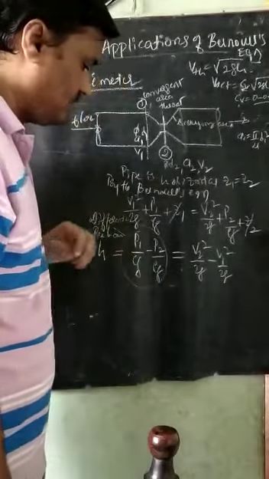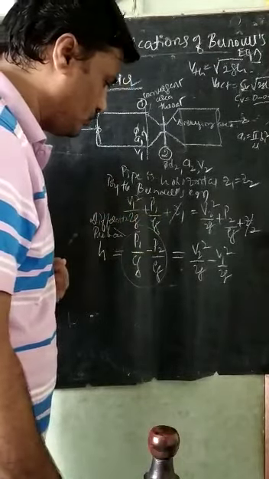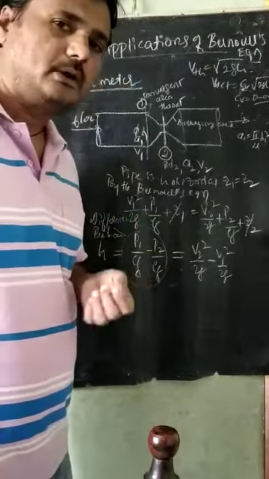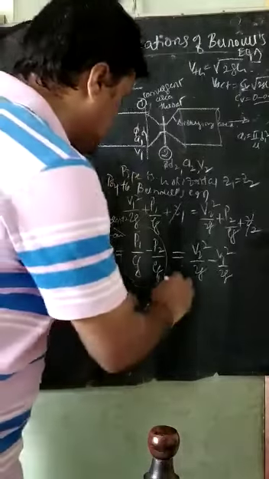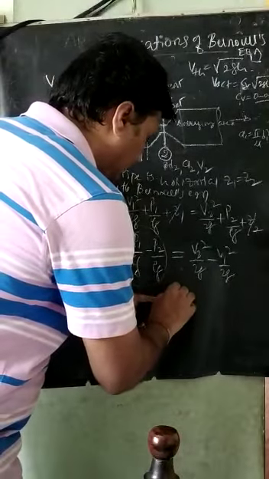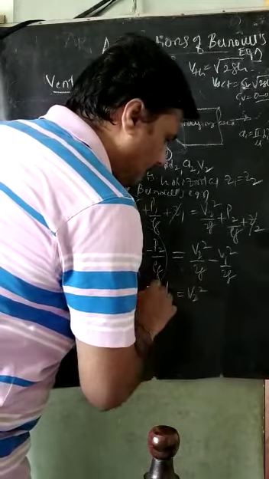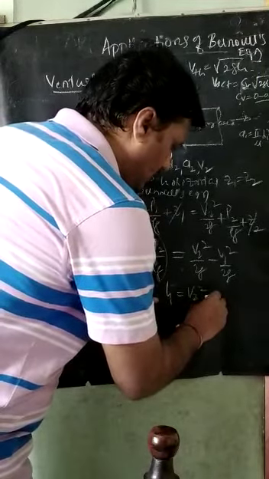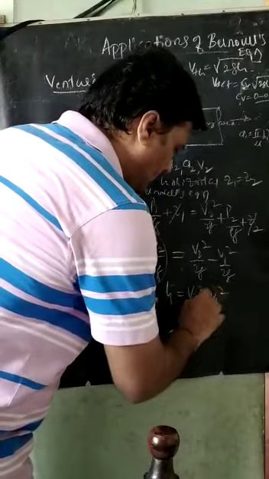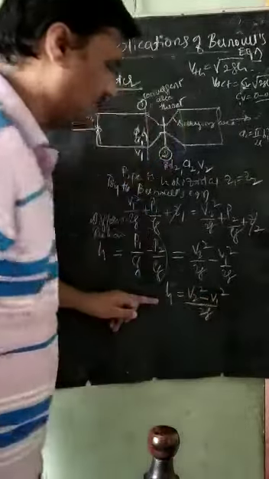Therefore this equation now reduces to H is equal to P2 square minus P1 square divided by 2g, because the LCM is common here.